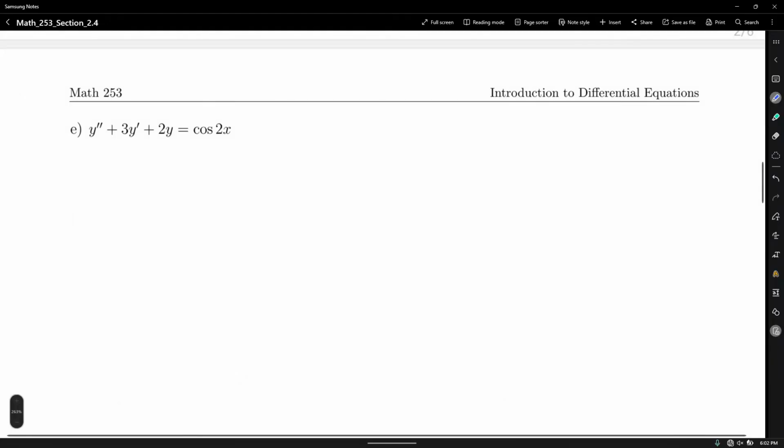All right, yeah, this one is going to be a big one. So the solution y sub c equals c1 e to the negative x plus c2 e to the negative 2x. Again, I'm using the same differential equation. All I'm doing is changing the forcing function. Now, what do we have on the right-hand side?